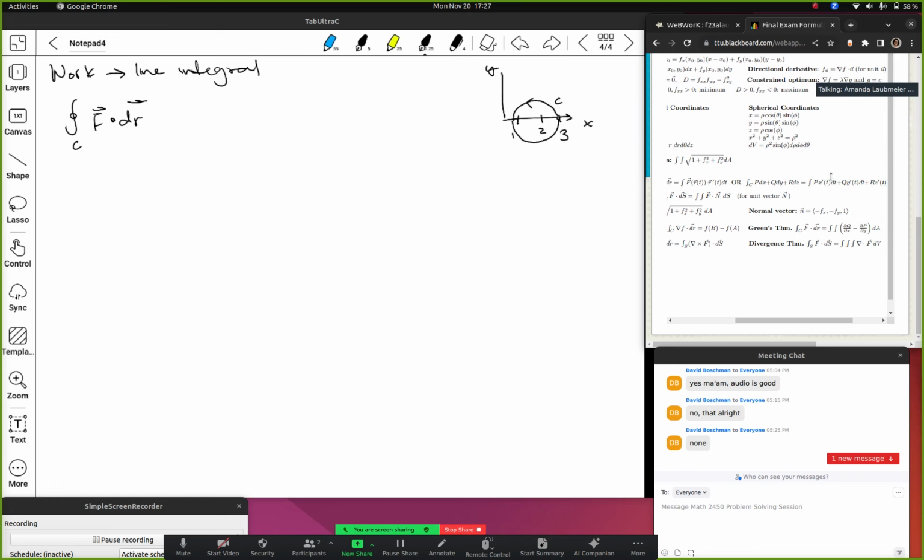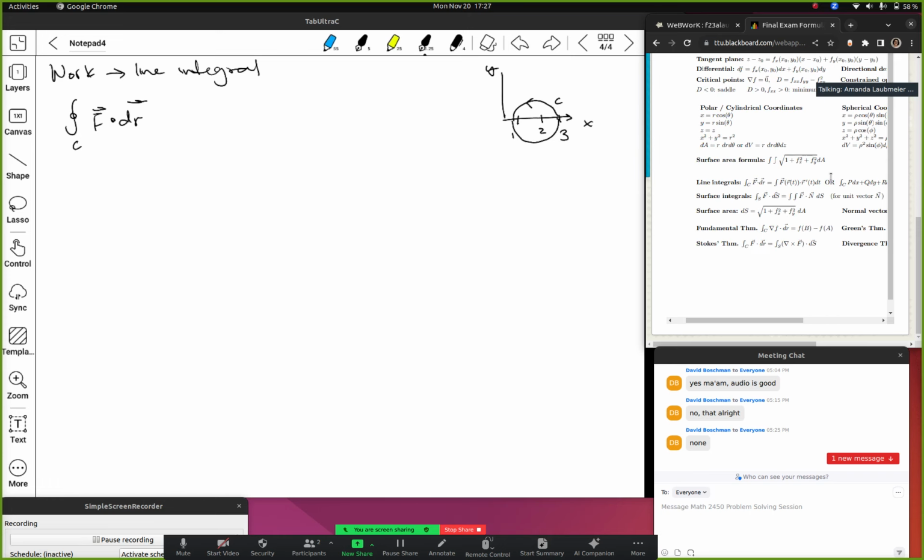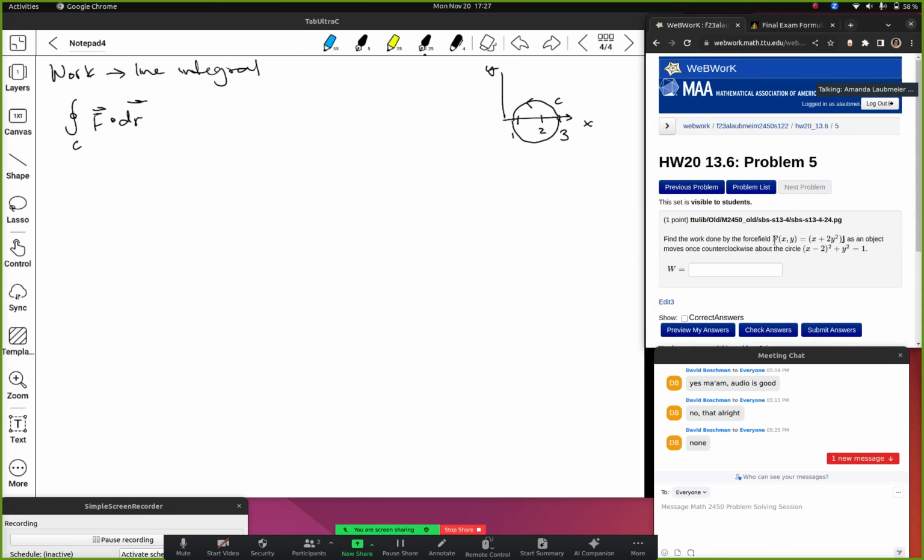That's not great. So that leaves us with either the fundamental theorem or Stokes/Green's. And for the fundamental theorem, we would need to find a potential function for this capital F. It has one component, j hat, so we wouldn't have a whole lot to integrate.